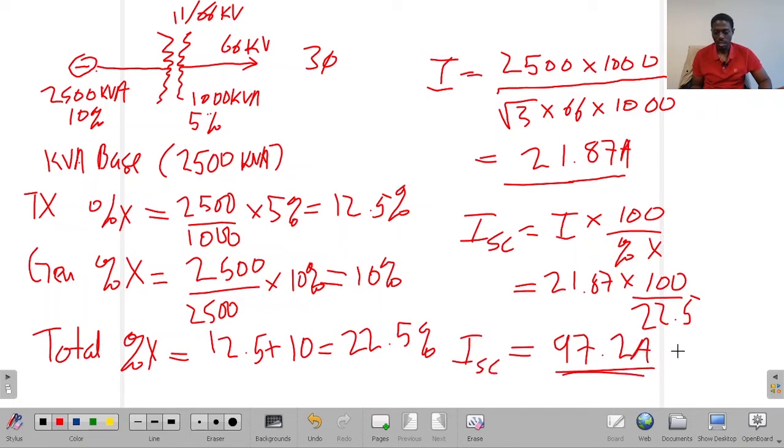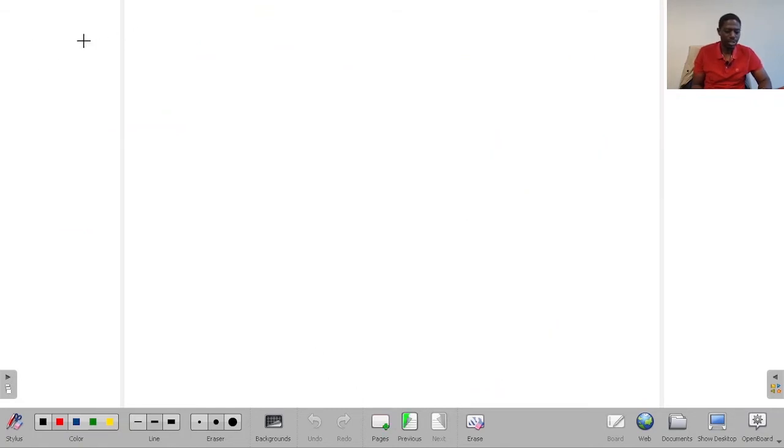Okay. Now, the same scenario. Let's pick a base KVA that is different. A base KVA of, let's say, 5000. So 5000 kVA is now our base KVA. And then from there, we begin the same.